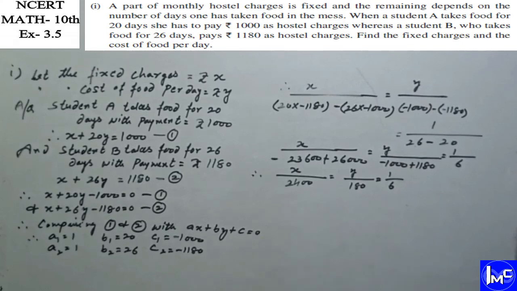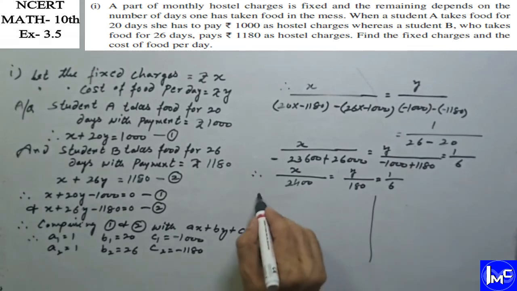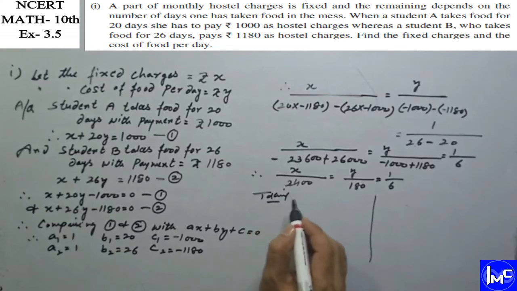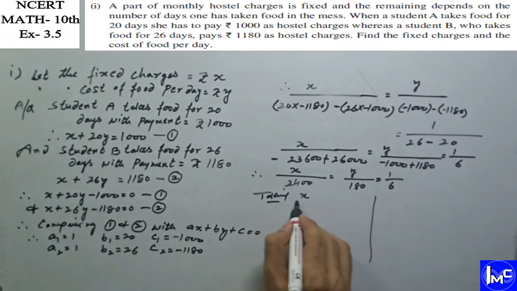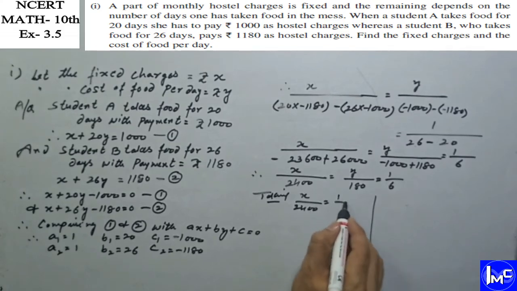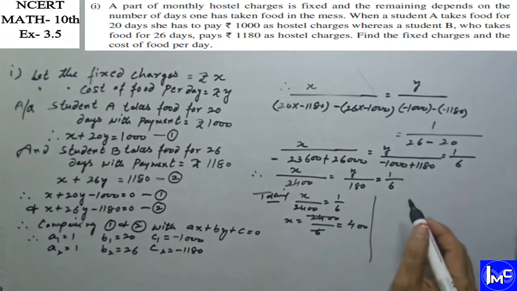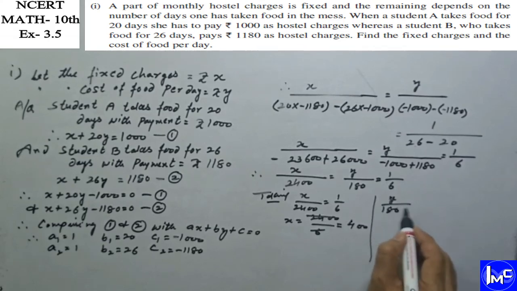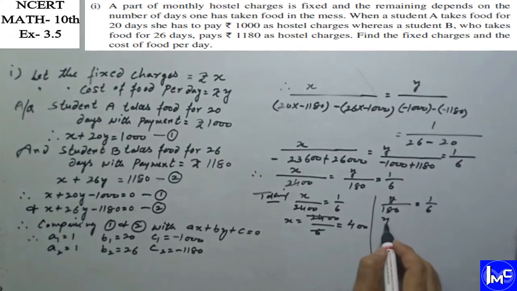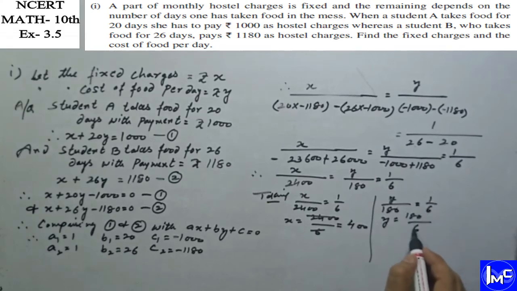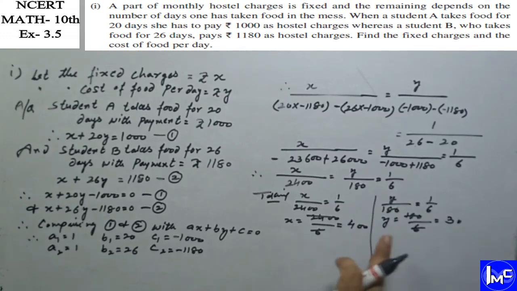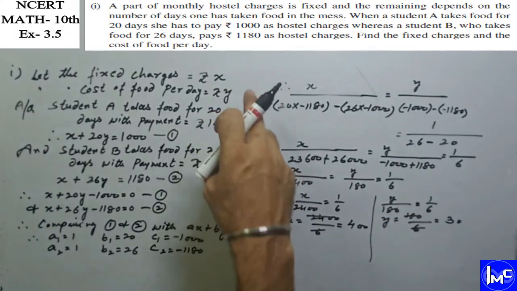And now we will take the relations, taking first relation with third: x over 2400 is 1 over 6, and it will be 2400 over 6, and by cancelling it will be 400. And y over 180 is equal to 1 over 6, and y is equal to 180 over 6, and it will be 30. x and y have the values that are fixed charges and cost per day.